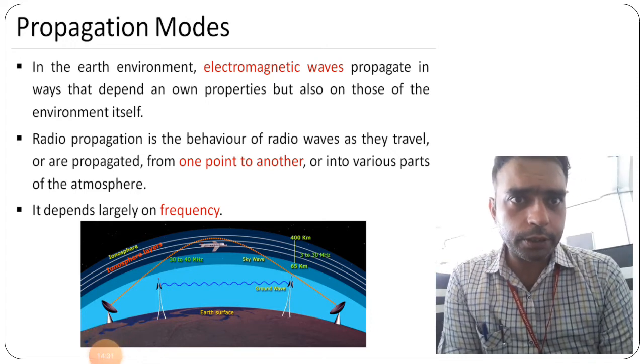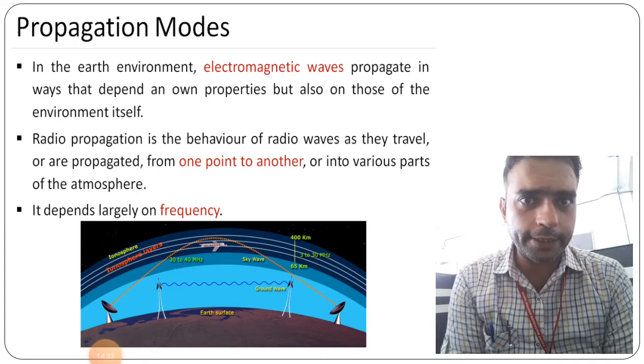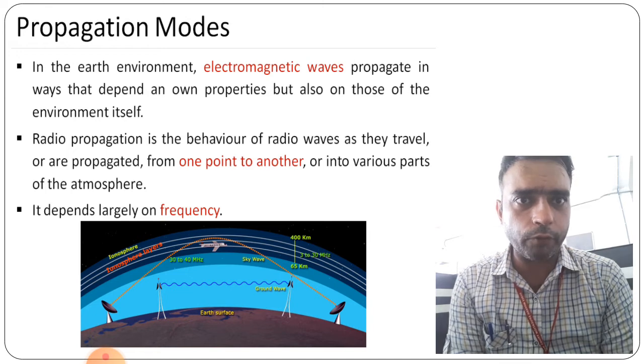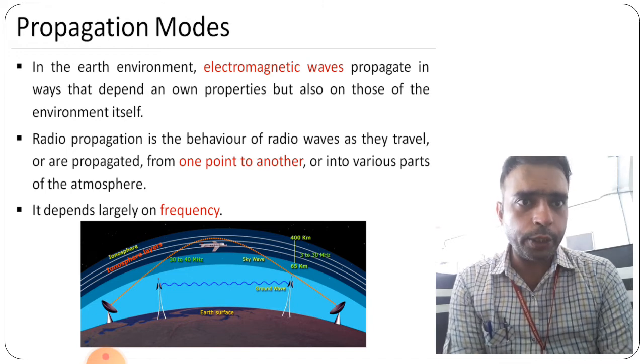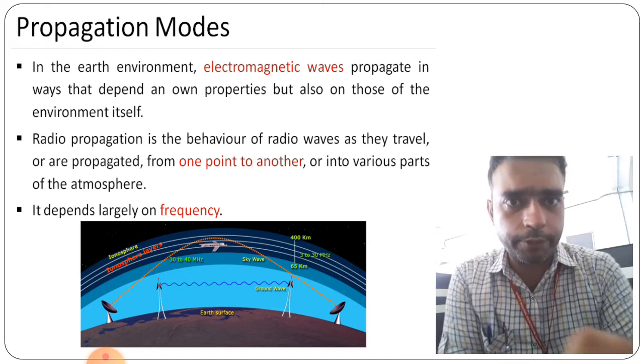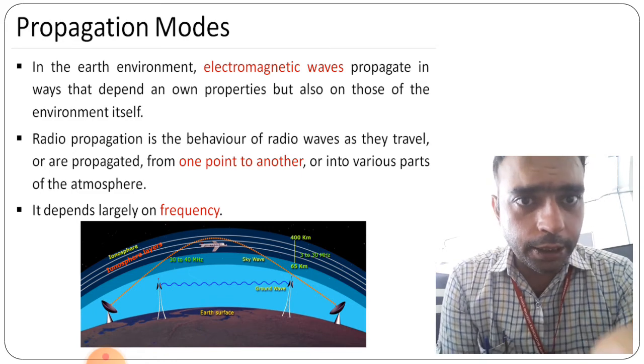Radio propagation is the behavior of the radio waves as they travel or are propagated from one point to another or into various parts of the atmosphere. It depends largely on the frequency.